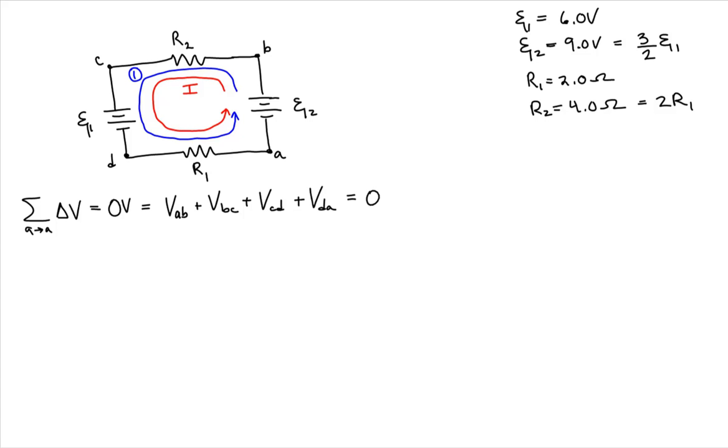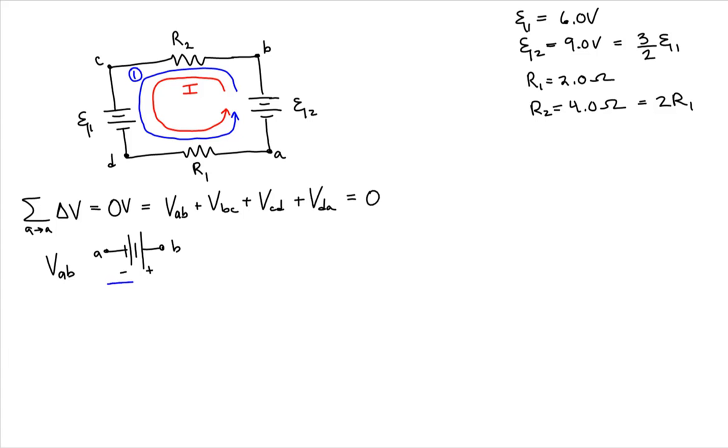Well, let's look at each of our components in turn, beginning with battery 2. Battery 2 has a potential difference from A to B. We have chosen our analysis direction to go from the low potential terminal to the high potential terminal.